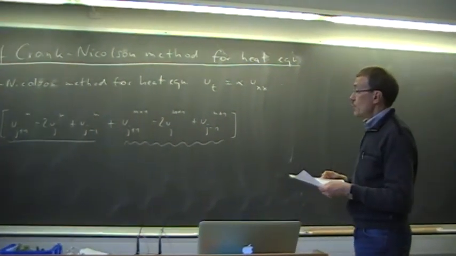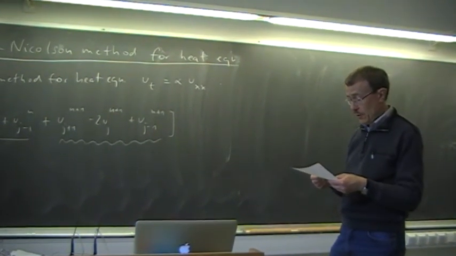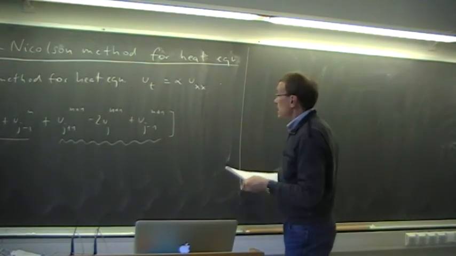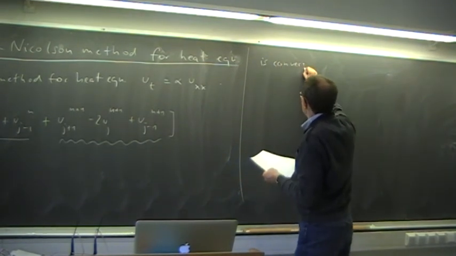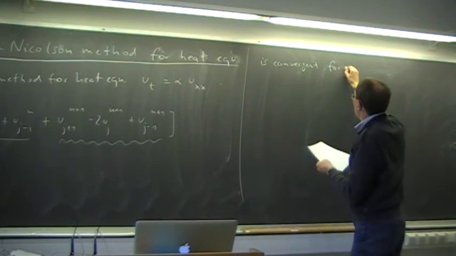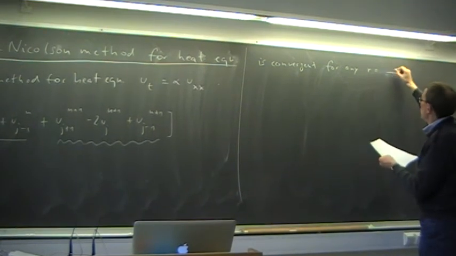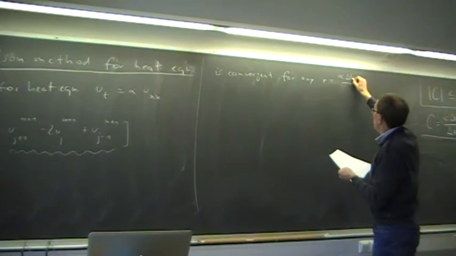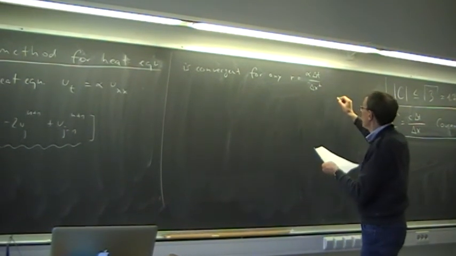So we are supposed to show that this method is convergent for any Neumann number, that we call R, and R is the ratio of the thermal conductivity alpha times the time step divided by delta x squared.